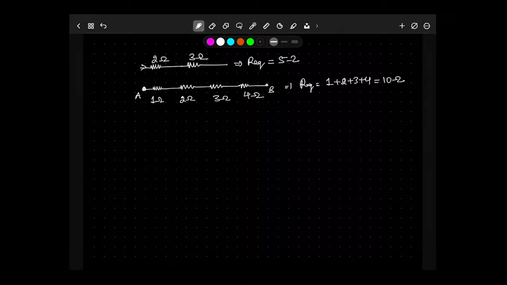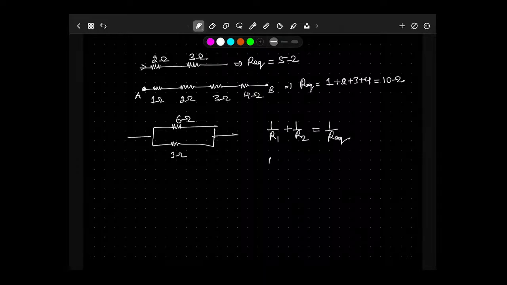Similarly, if somebody asks me if these resistors are in parallel, then tell me the equivalent. So what will be the equivalent? 1 by R1 plus 1 by R2 is equal to 1 by R equivalent. It is 1 by 6 plus 1 by 3 is equal to 1 by R equivalent.